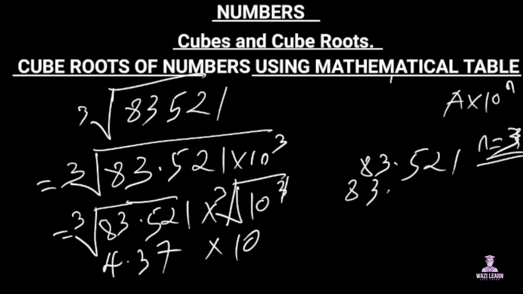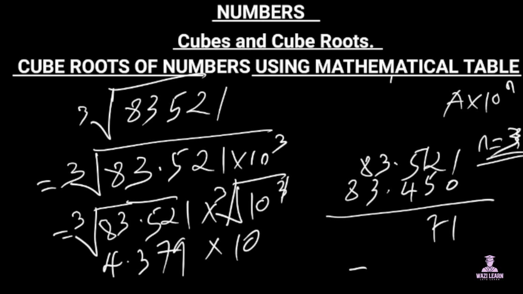The difference is 71. So we move across where we have 71. There's no 71, so we take the biggest number, which is 9. So we add 9 there. So when you multiply this one by 10, you'll get 43.79, which is our answer.